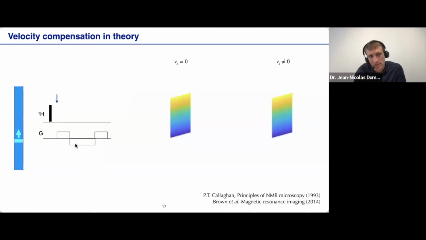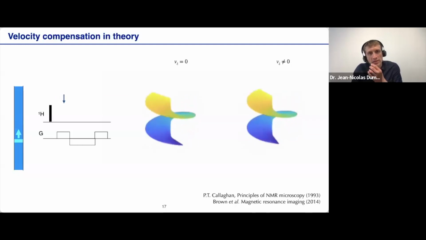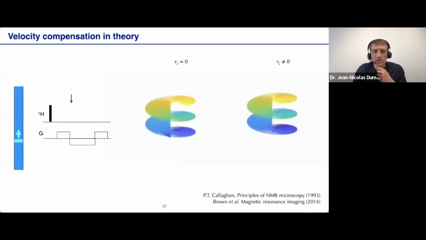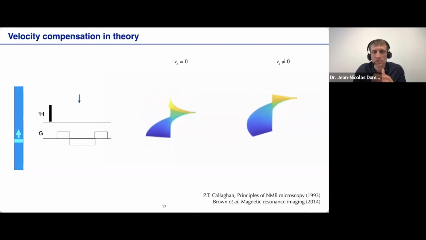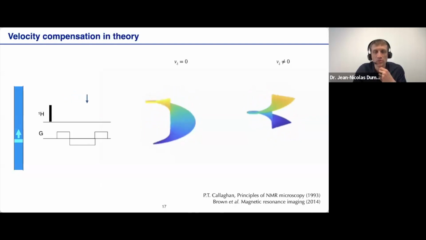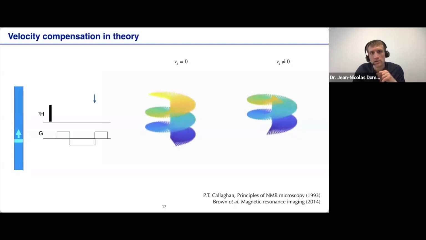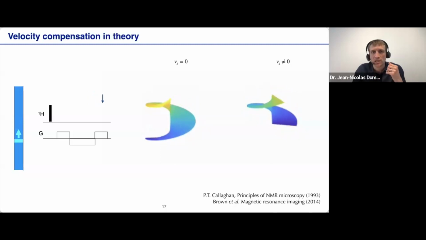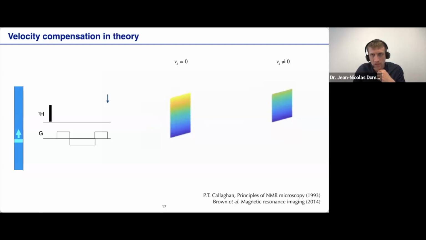Now you can see that the initial waveform that led to a gradient echo has been duplicated with opposite sign. And if we look at the total trajectory, you can see that while at the midpoint, there is the dephasing that we saw before, at the end of the total waveform, the spins have returned to their initial orientation, even in the case of a non-zero velocity.